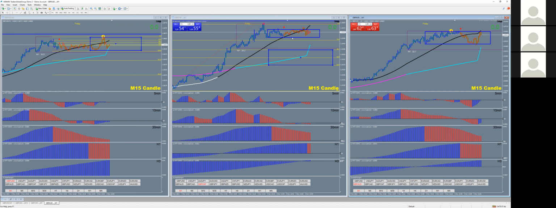Swiss is gonna have to get strong for this to break down, and then come back over here somewhere and then go up.